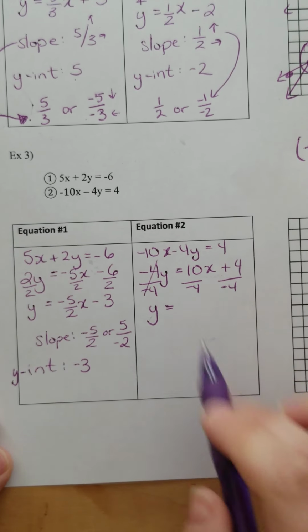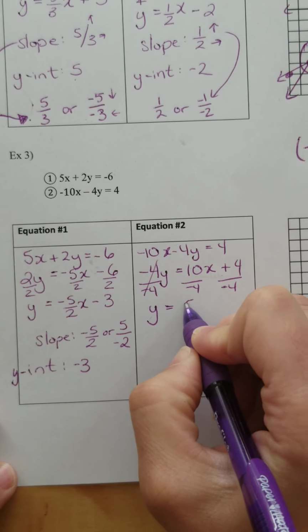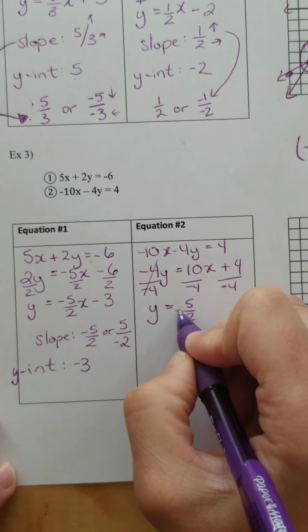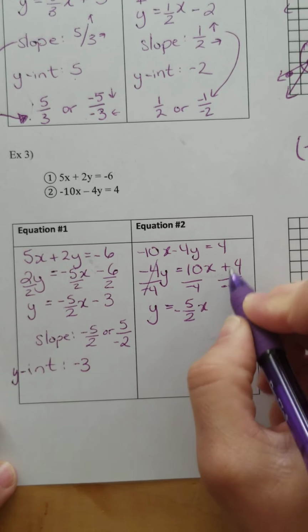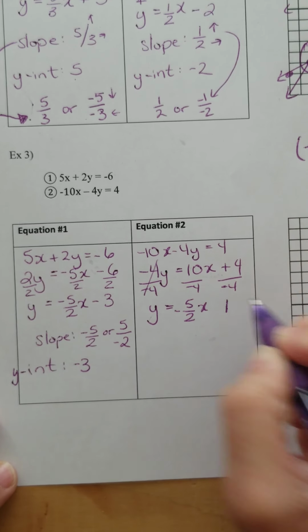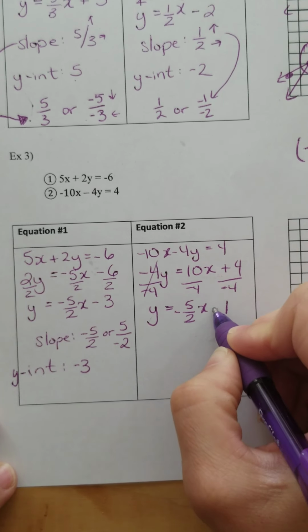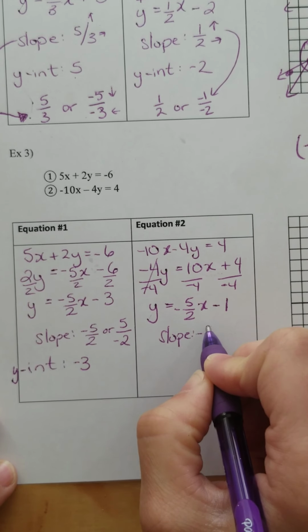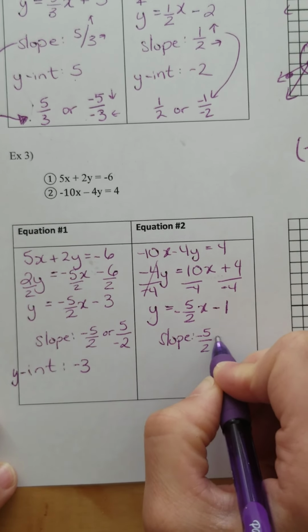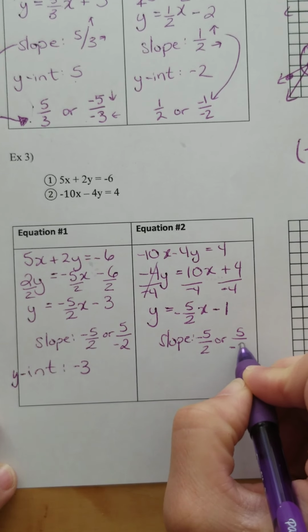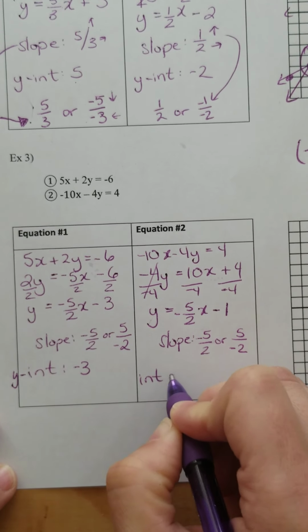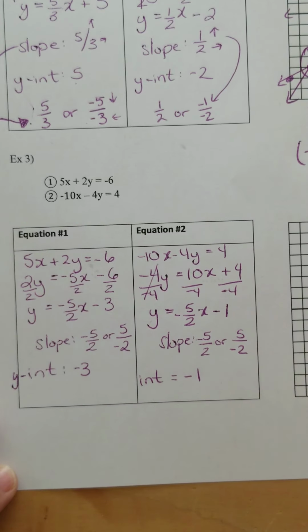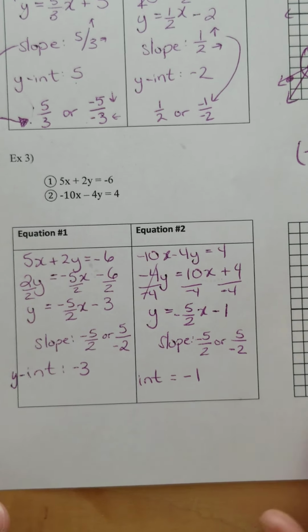We can divide each one by 2, giving us 5 over 2, and the fraction is still negative. And then 4 divided by 4 is 1, right? But a positive divided by a negative is a negative. So our slope, just like the other one, is negative 5 over 2 or 5 over negative 2, but my y-intercept is different. It's at negative 1. Okay.